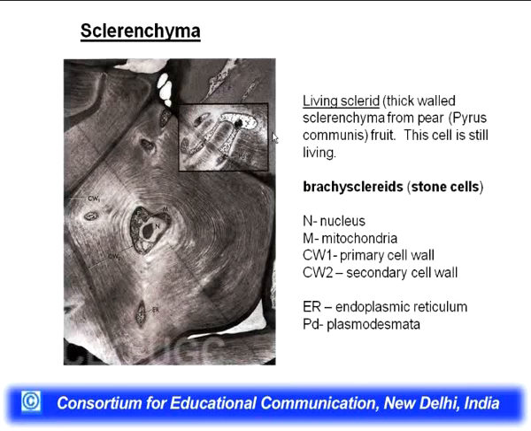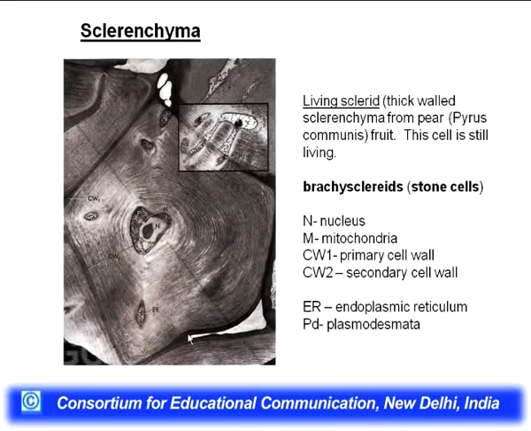Look at this beautiful picture. This is a sclereid in pear fruit. This is the stone cell, also called stone cell in the living, and this is a micrograph of a stone cell. You look here, look at this arrow through which I am going.